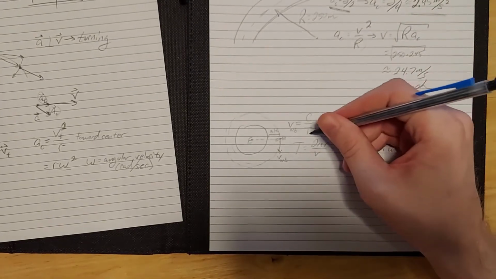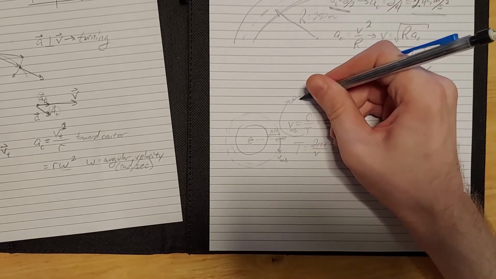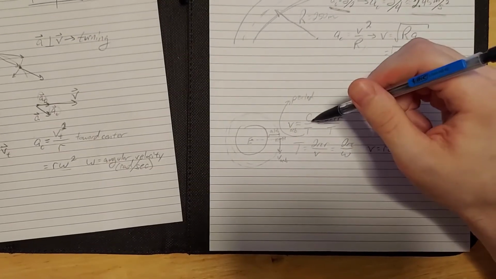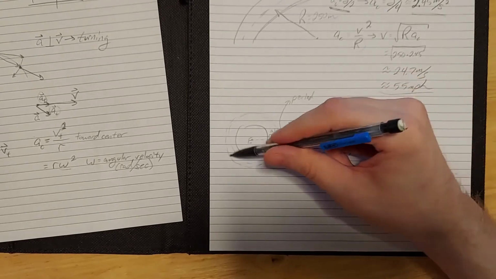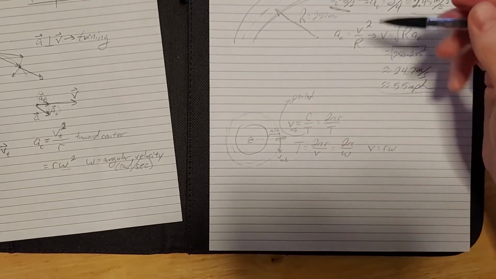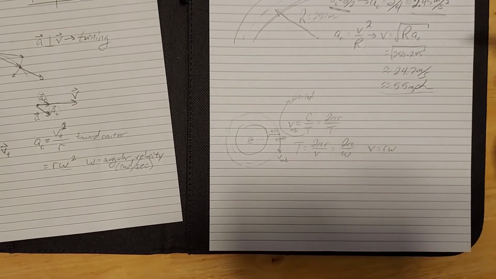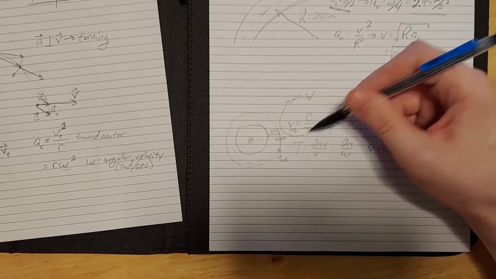The variable we use for period is a capital T, because period starts with a T. And velocity is equal to distance over time. Well, the distance in a full revolution is the circumference, and then, of course, the time is going to be the period. The reason it's a capital T is because it's a specific time, by the way.